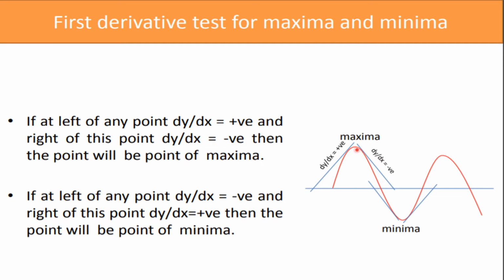Then this point is said to be a point of maximum. Similarly, on the other hand, if at the left side of the point dy by dx is negative and right of that point dy by dx is positive, then the point will be a point of minimum. Okay, my children, understood this point?